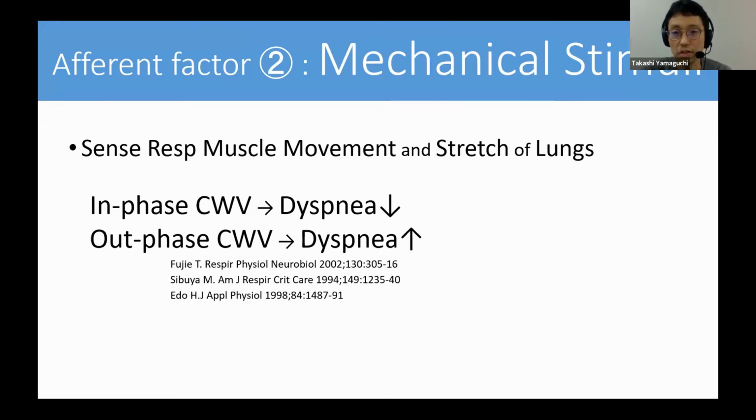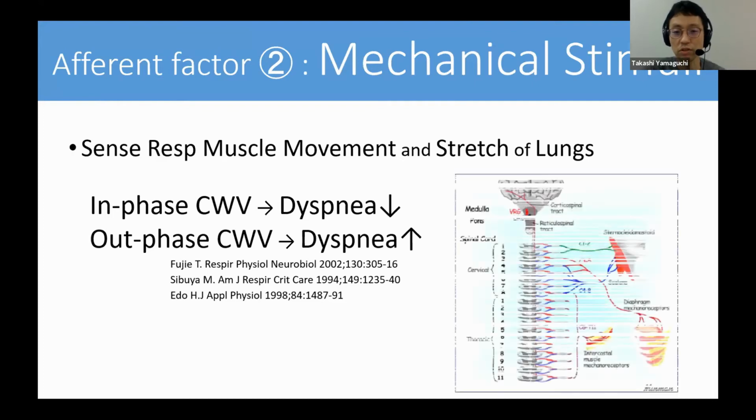From these findings, mechanical stimuli have at least some role in developing dyspnea. So these stimuli come up through the thoracic and cervical spine nerves to the brain.